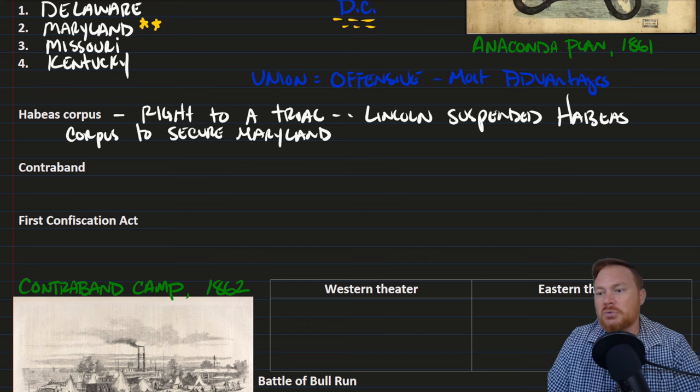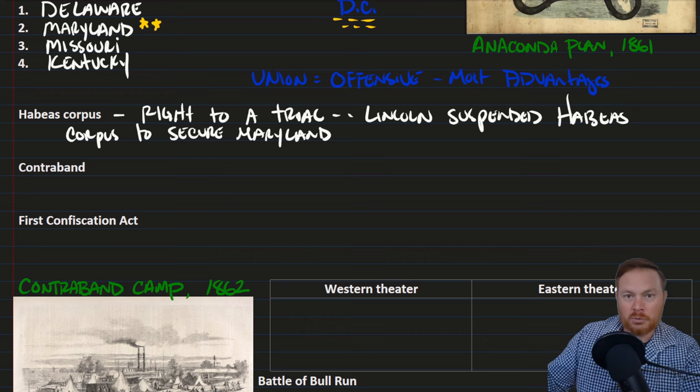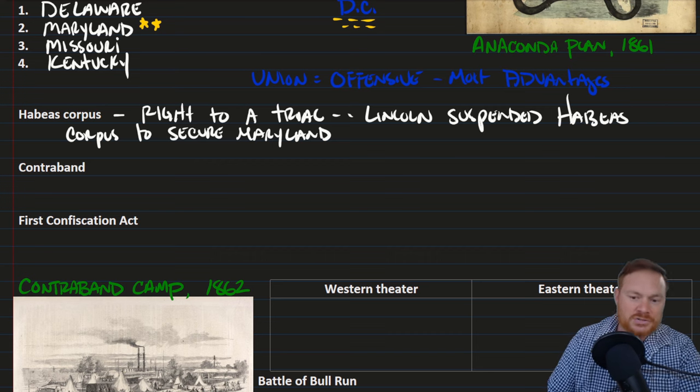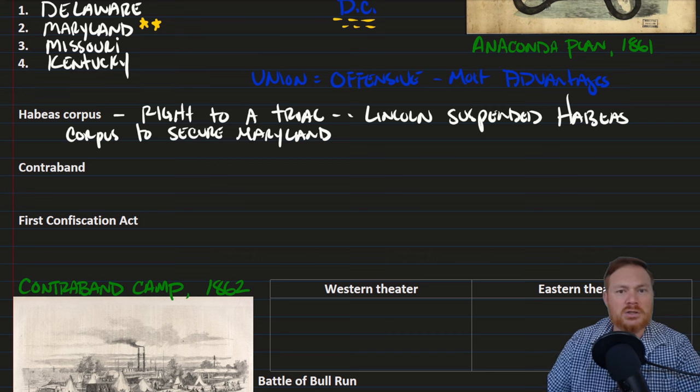And so pretty soon Union generals were faced with somewhat of an issue at the time. And that was the fact that many people who were enslaved had been joining their armies. And at the time, there really wasn't a consensus policy or position which the United States or Union Army should take.